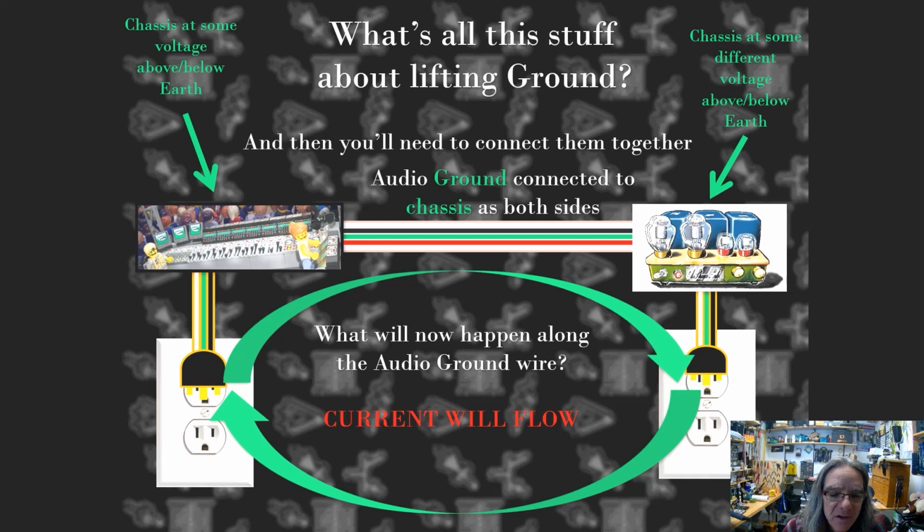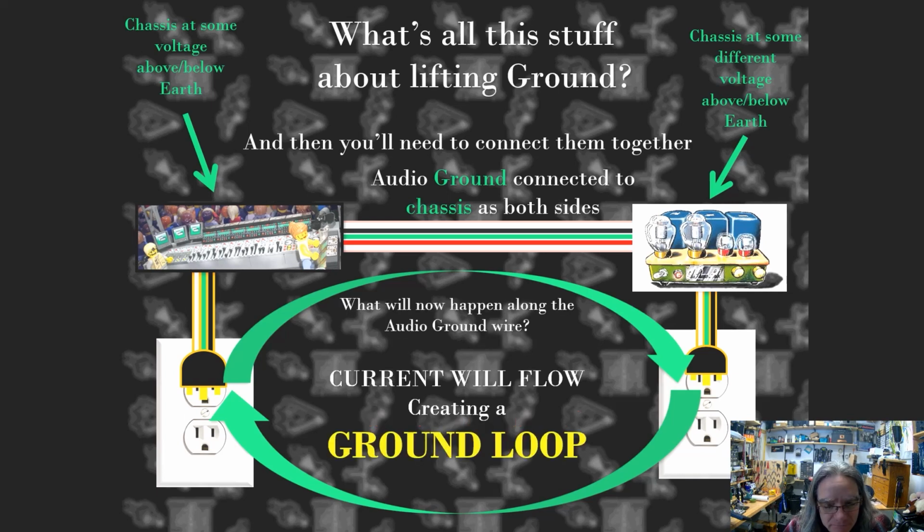So we have current flowing in a loop through ground. That's a ground loop. You'll hear that mentioned in audio a lot. It is a problem. It's something we need to fix.